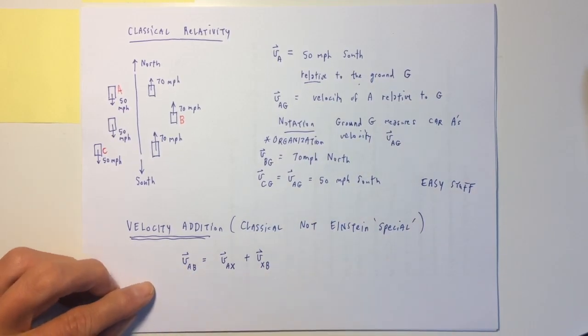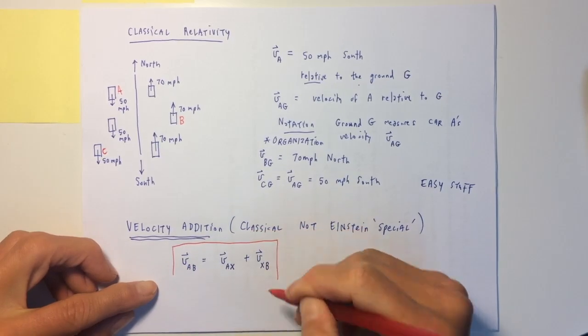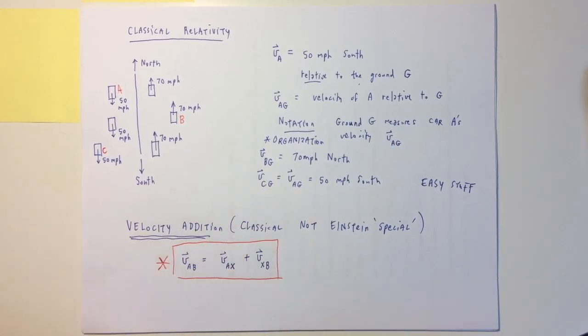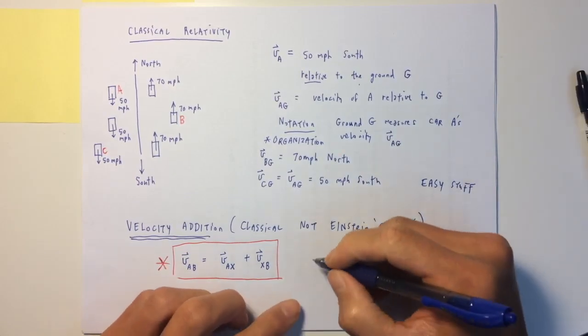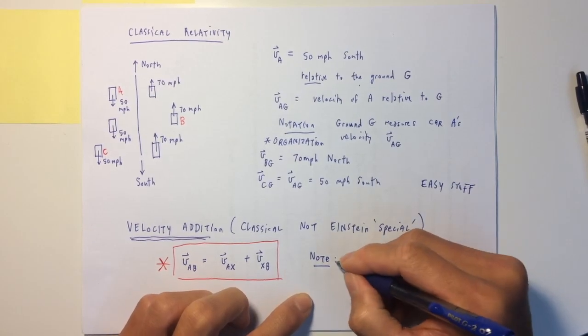This is the velocity addition formula, and it's a big deal, so let me put a big star next to it. Another big deal that comes up is to note the following thing.